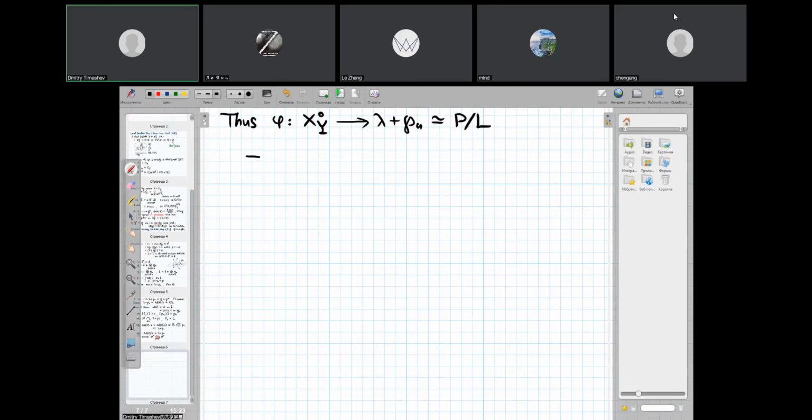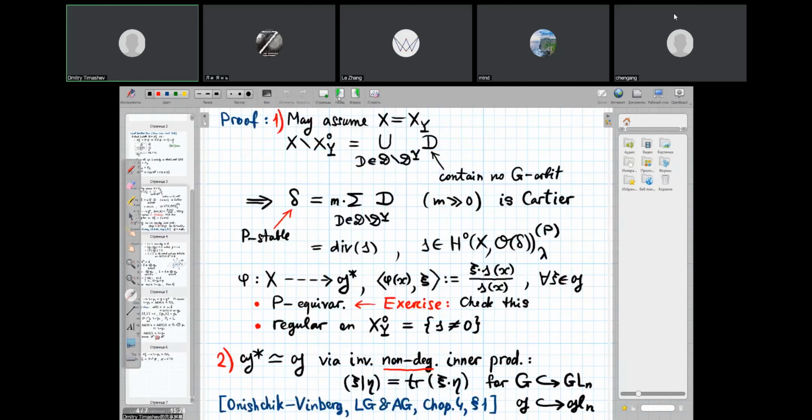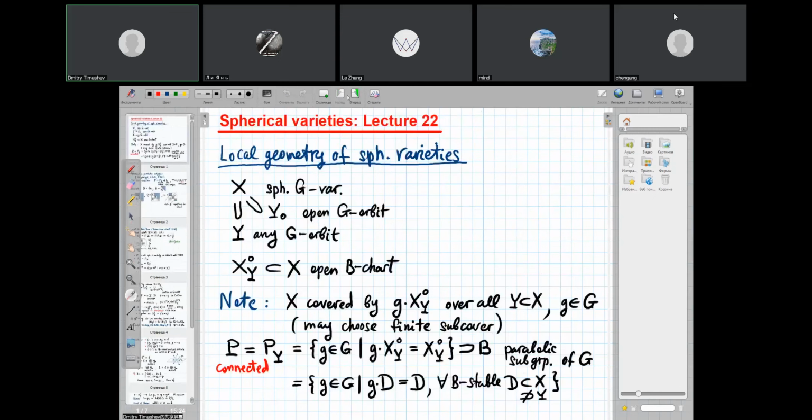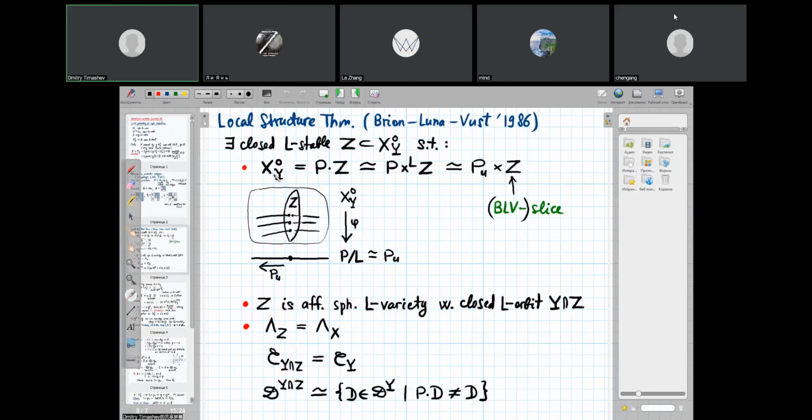And this immediately implies that X, Y naught is a fiber bundle over this orbit, P over L, with the fiber Z. So Z here is just the inverse image of lambda, a point in here with stabilizer L. Okay, so we have proved the first statement of the theorem.